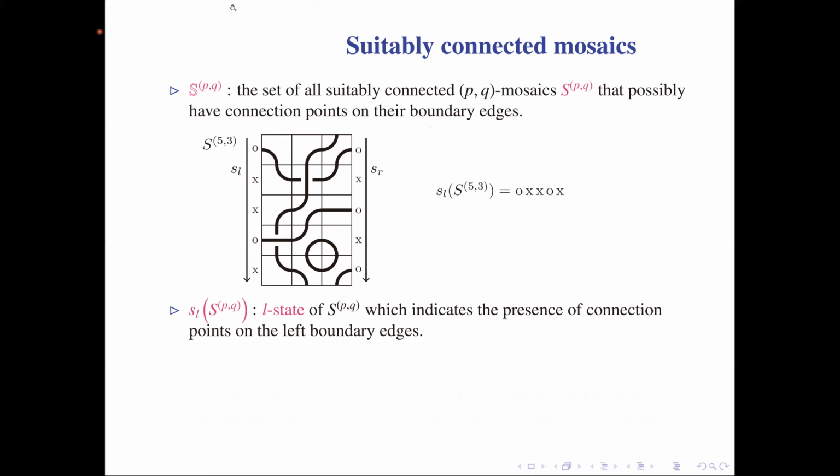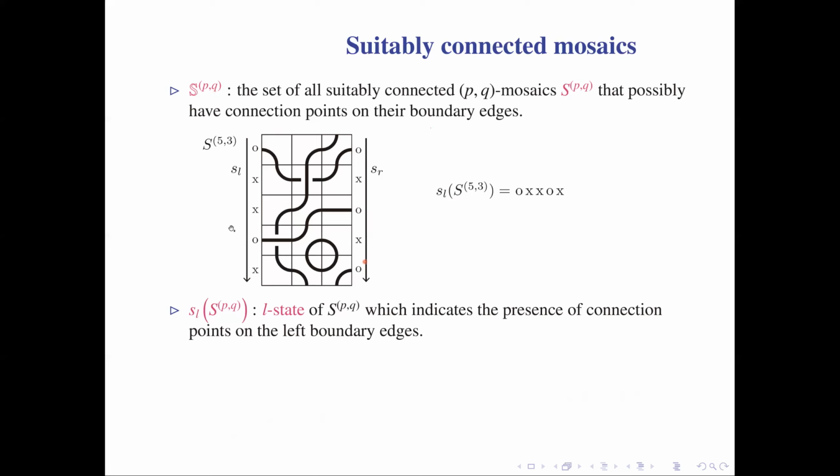From now on, we use the symbols O or X depending on whether or not the edge has a connection point. And the order of the state will be given from top to bottom, right? So in this case, the L state of S_53 is OXXOX.